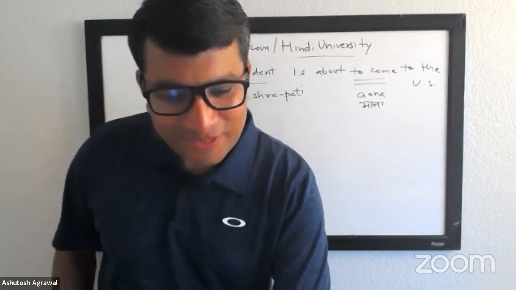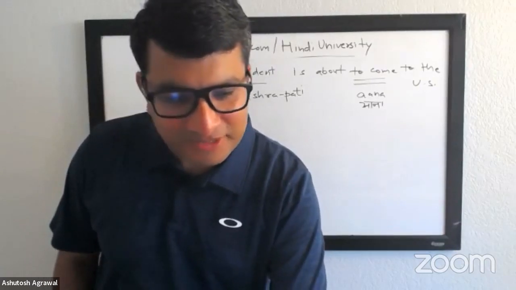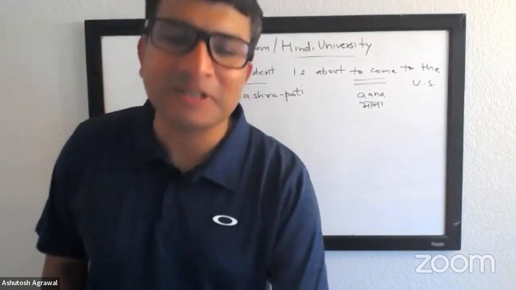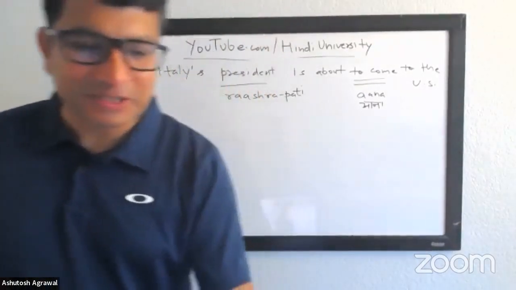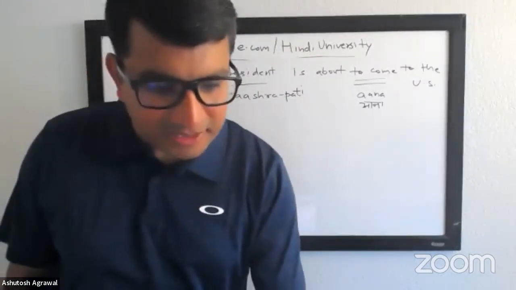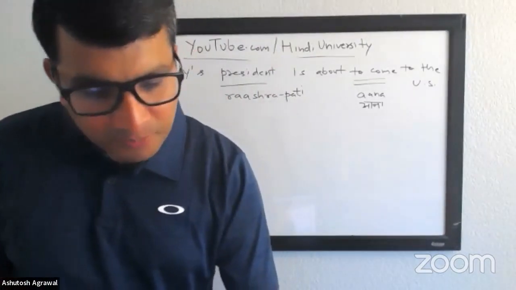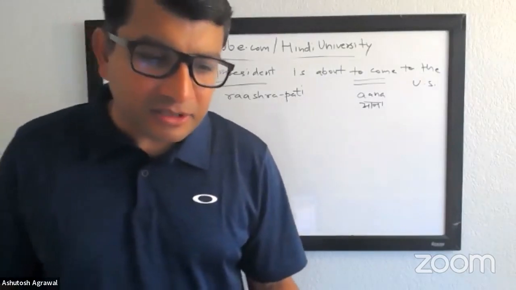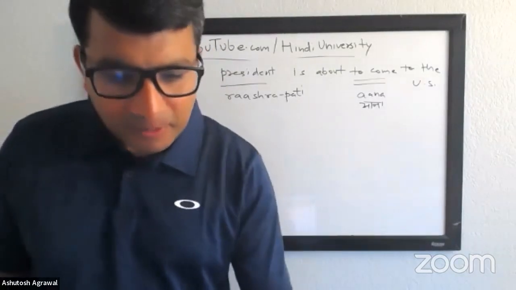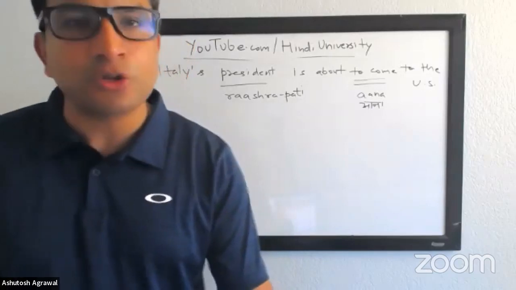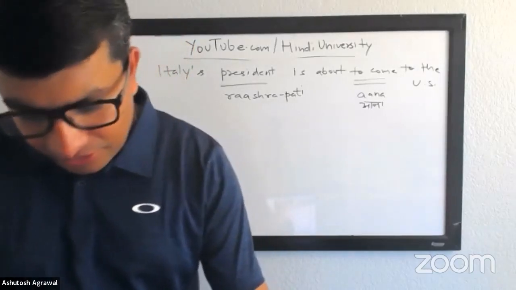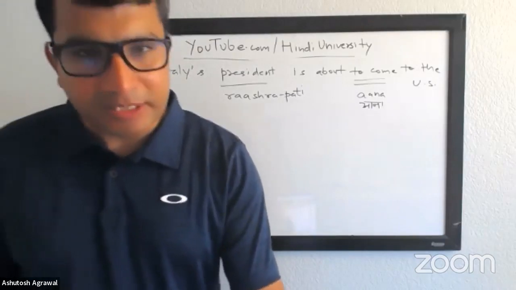I don't think it should be there because it's Ana, and Ana doesn't use ko for the location. There should not be any ko there. But even if you wrote it colloquially, it won't really matter, people will understand it. But technically, there should not be any ko. So Italy की राष्ट्रपति US आने को है. That's how you will say it.